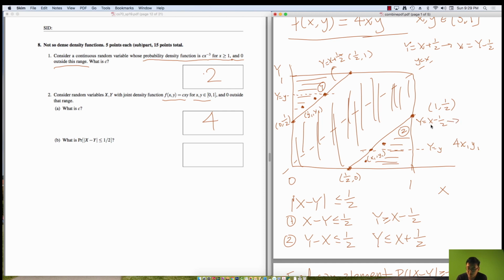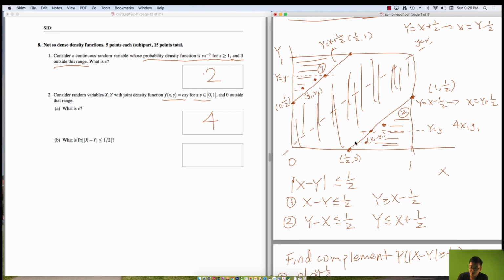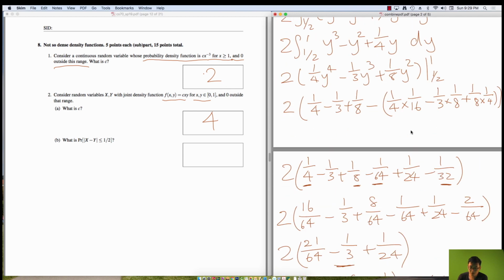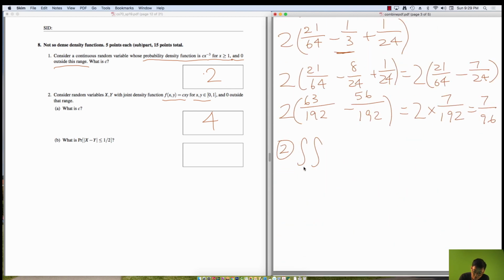Well, if y is equal to x minus a half, that means x is equal to y plus a half. So the intersection must occur at y plus a half. So this means that x starts at y plus half, and it goes all the way to 1. So if y goes from 0 to a half, x goes from y plus a half to 1. And again, we integrate over the joint density.